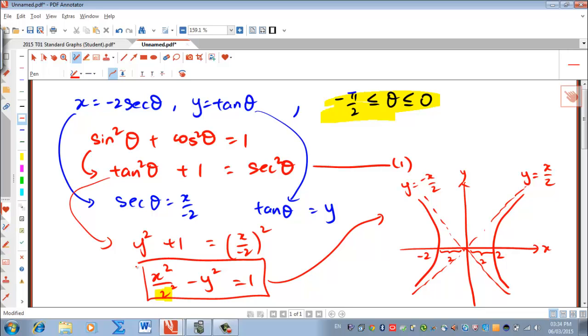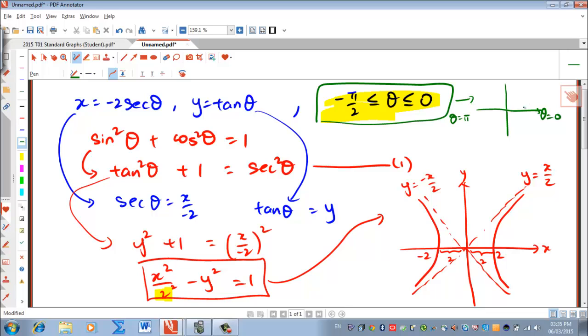But then again, we have to be careful that we are restricting the parameter value for our parametric equations. Over here, we see that theta is between negative pi over 2 and 0. Now, recall in secondary school you learned that theta equals 0 and theta equals pi will be at the extreme two ends of the horizontal axis.